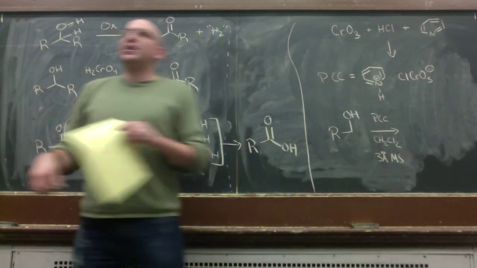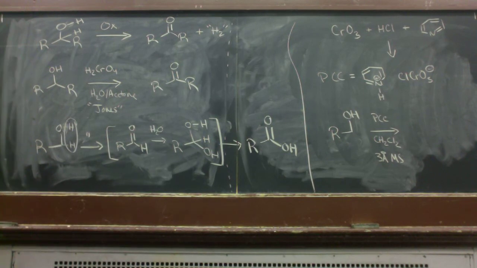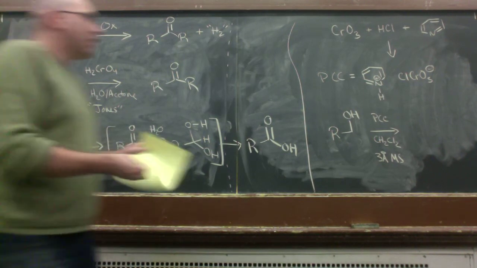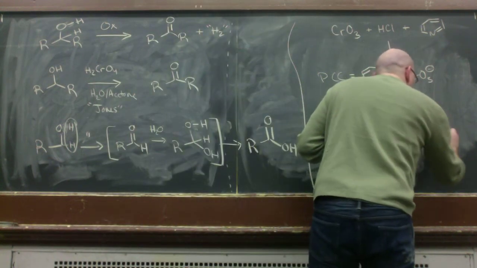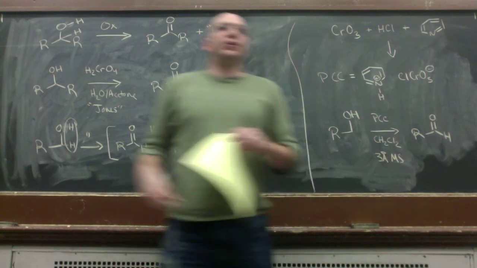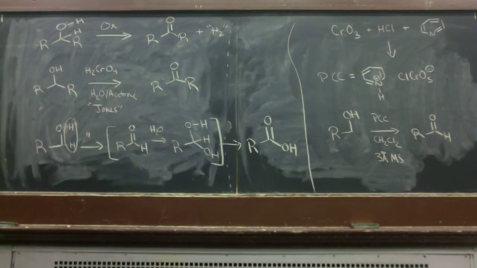What that does is, if any adventitious water is in there, it will keep it away. And this will lead selectively to the aldehyde. As you might imagine, if you add water to the system, it's going to defeat the purpose. You'll probably get the acid as well.